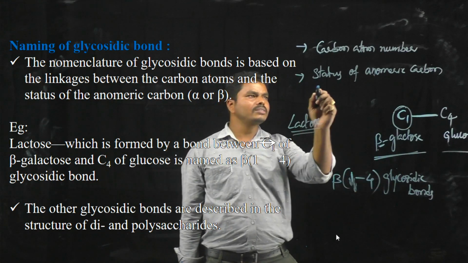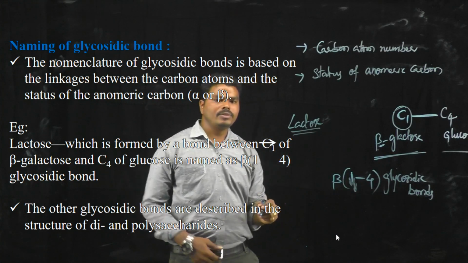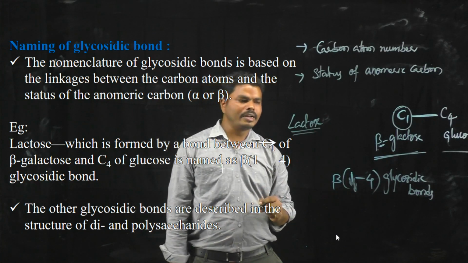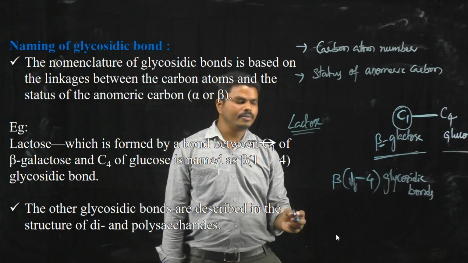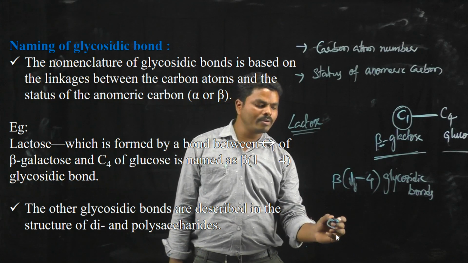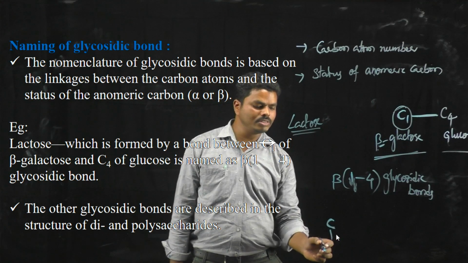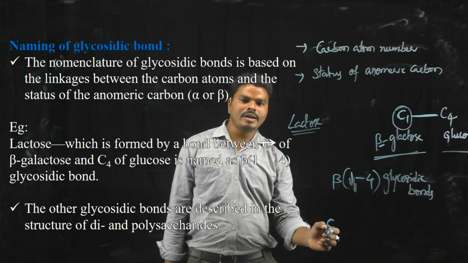And the status of the anomeric carbon means, in the case of monosaccharides or hemiacetals, there is an anomeric carbon atom present. The anomeric carbon atom is the one attached to the terminal aldehyde or keto group.